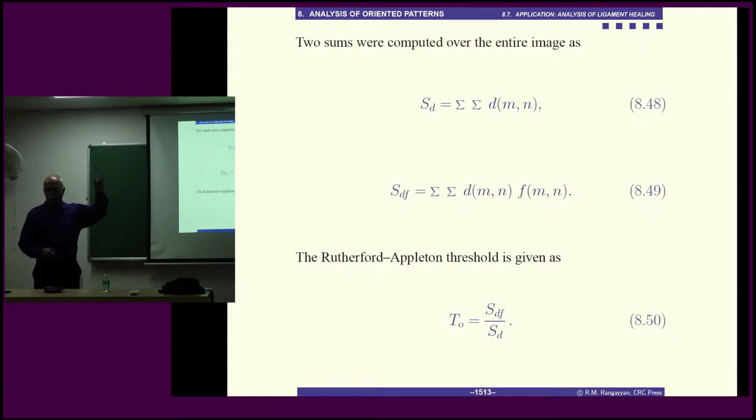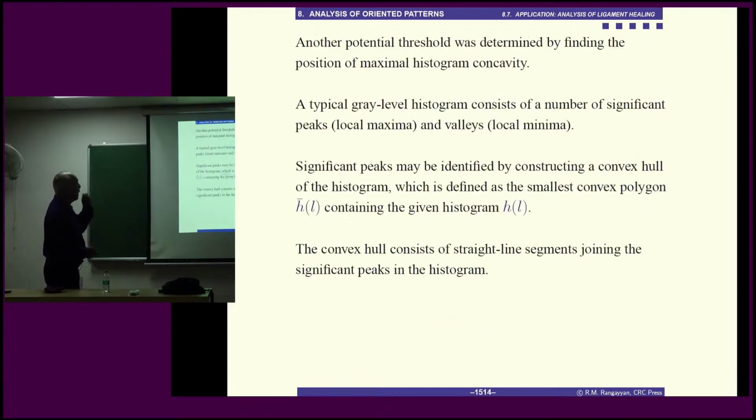Otsu's method I skipped, but you can go through the derivation of Otsu's method later on. There is a method known as maximal histogram concavity. I mentioned there could be two peaks, like Gaussian superimposed, and in between there is a valley. Find that point of minimum value in the valley, which is concavity between the two peaks. So that is maximal histogram concavity.